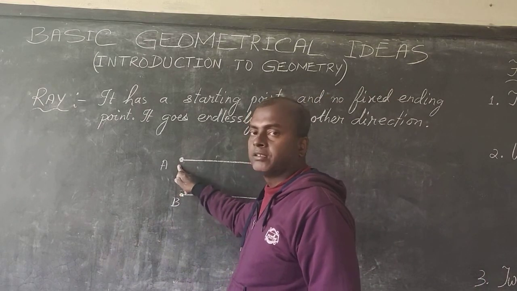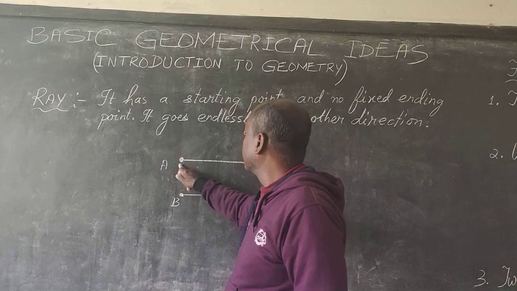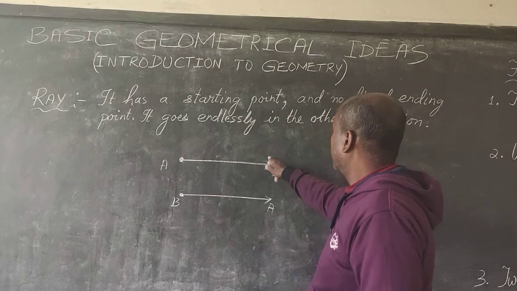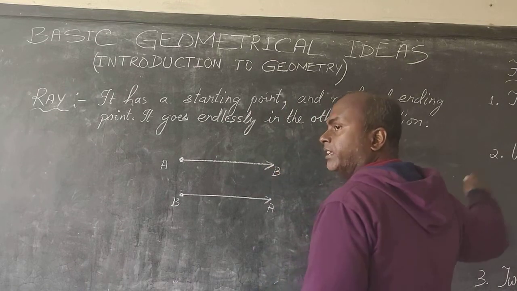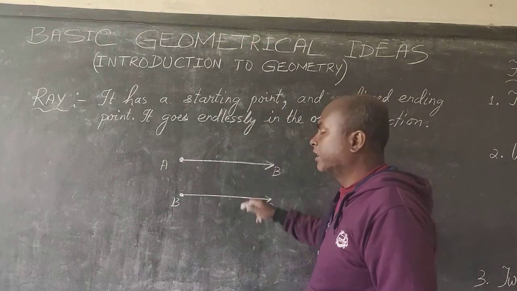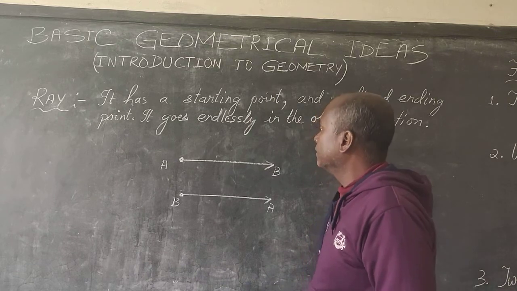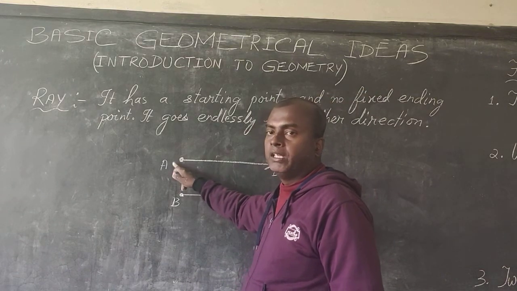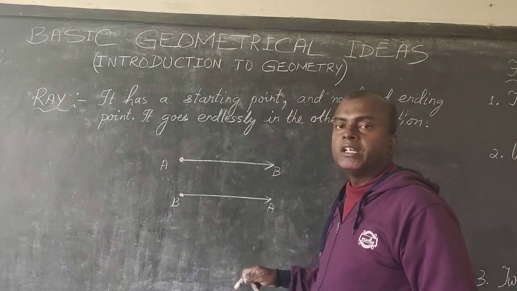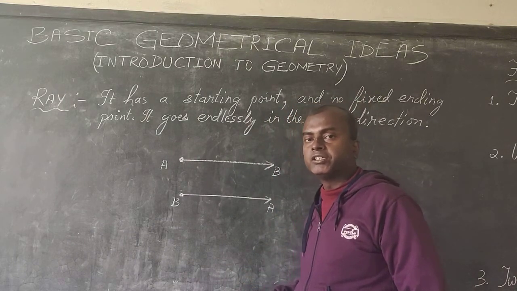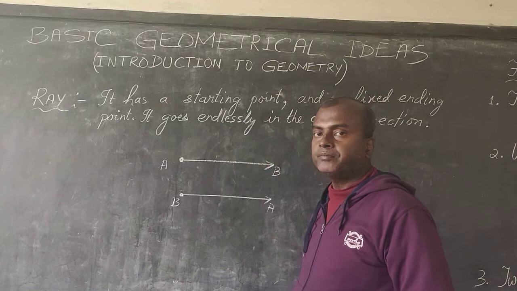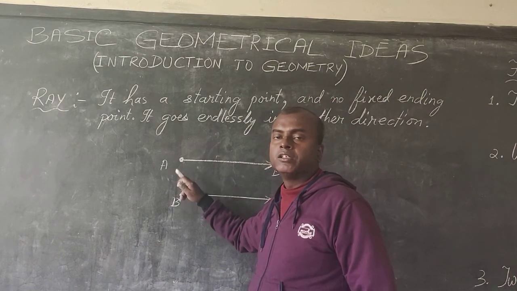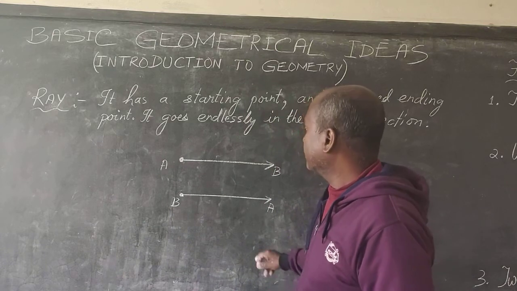Then from this point it goes say in this direction. And it can go to any limit. So here one arrow is given. So that which starts from one point and goes without any fixed length in any one direction is called a ray.